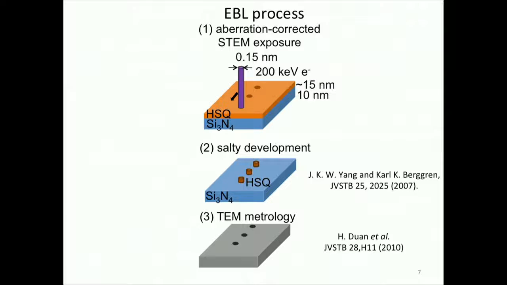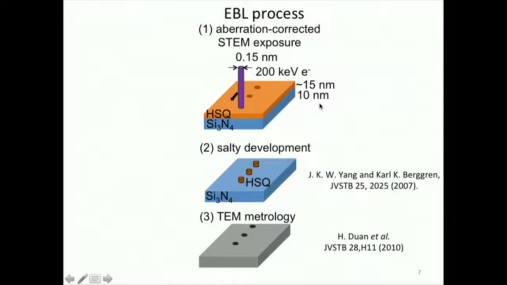I'm going to use as my exposure system an aberration-corrected STEM, which is a scanning transmission electron microscope that has a really small spot size, 0.15 nanometer at 200 kV. I'm going to expose the resist, which is HSQ, hydrogen silsesquioxane, on top of a silicon nitride membrane that is 10 nanometers thick.